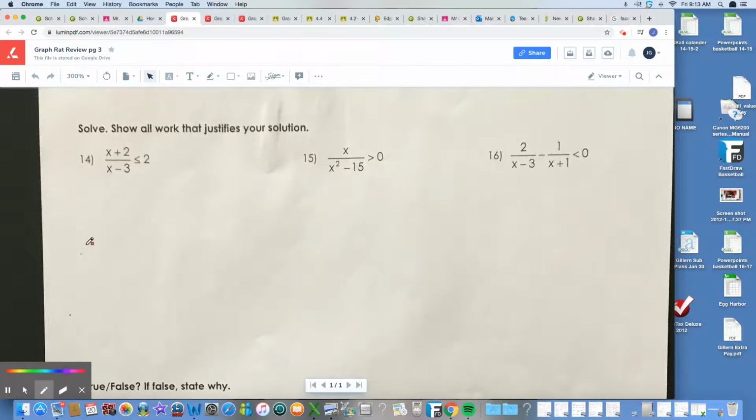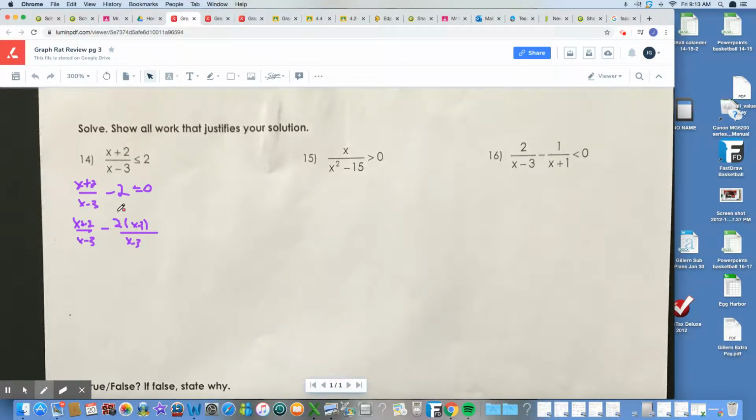So first what we're going to do is bring over the 2. So it's (x plus 2) over (x minus 3), minus 2, is less than or equal to 0. So we need to make this into one fraction. Then we can find the critical values. So that's going to be (x plus 2) over (x minus 3) minus 2 times (x minus 3) over (x minus 3), because x minus 3 is our common denominator.